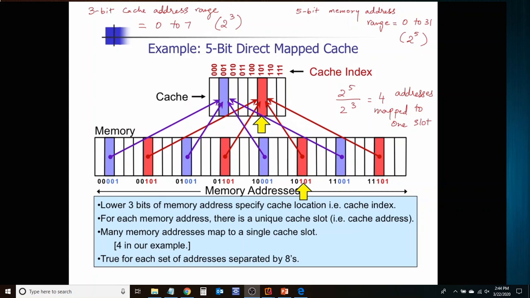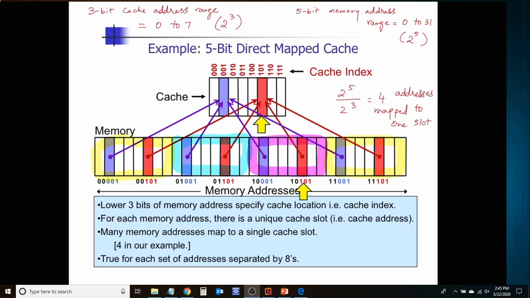So those 4, I'm going to highlight them. So I've got 1, 2, 3, 4, 5, 6, 7, 8. That's 1. That's 2, 3, and we can use the same yellow for the last one. So there are going to be 4 in this particular example.